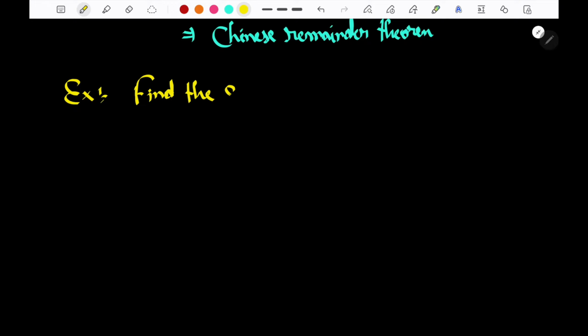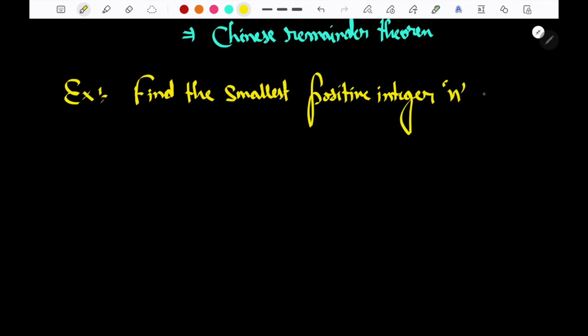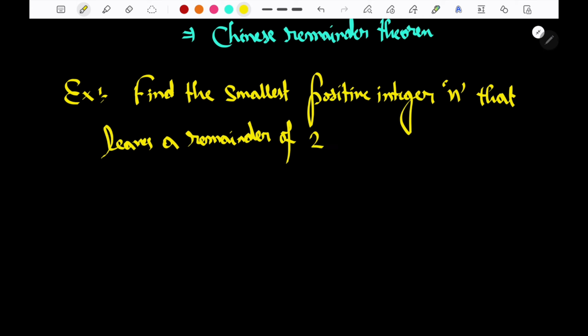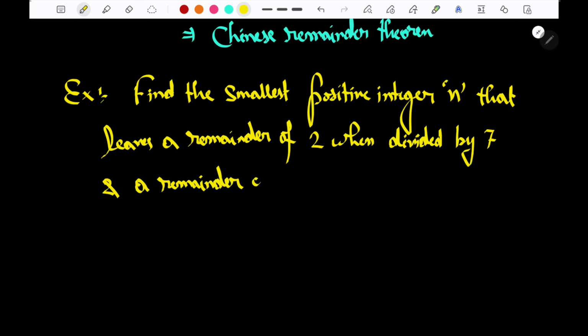Find the smallest positive integer n that leaves a remainder of 2 when divided by 7, and a remainder of 4 when divided by 9.